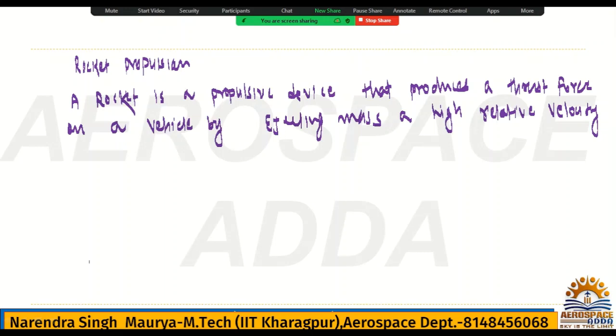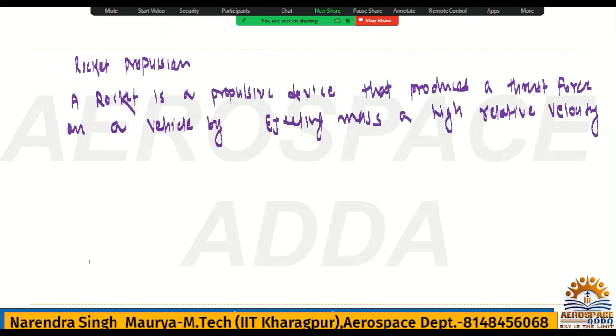These are the minor differences between rocket propulsion and jet propulsion. Rocket propulsion is useful for space missions, but jet propulsion is only for atmospheric missions, like passenger or commercial fighter aircraft. All right, so this difference is now clear.